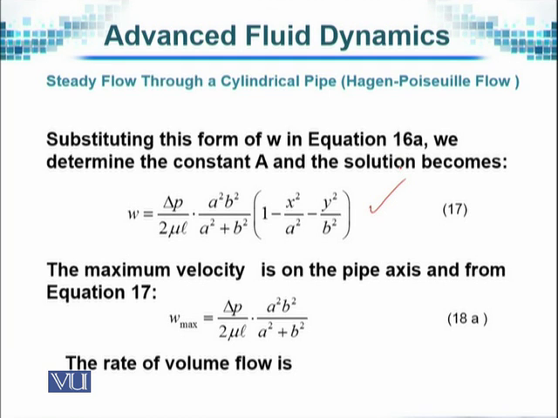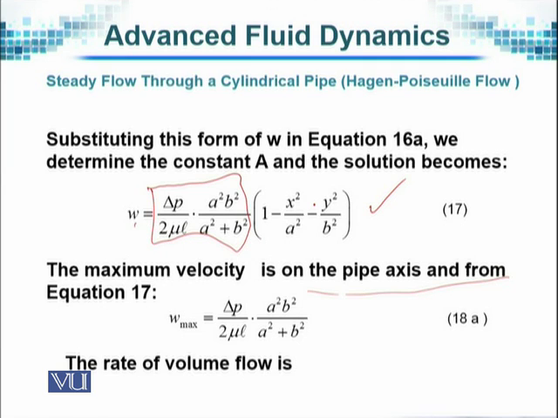And the maximum velocity in the pipe is obtained from equation 17. So equation 17 gives us the maximum velocity possible. That is when x and y are 0, the velocity, the angular velocity at that place will be 0.